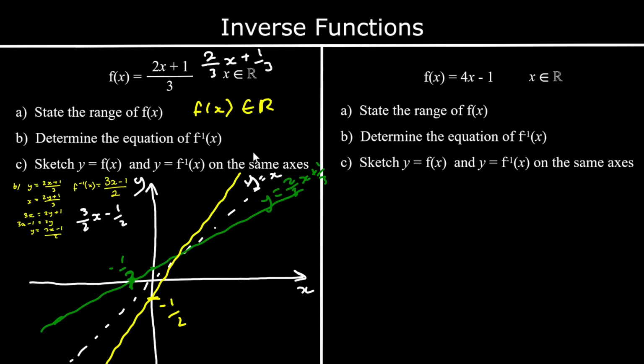And where we crossed at 1/3 on the y-axis for our original, our inverse should cross the x-axis at a third. The y becomes the x, the x becomes the y. And so they are our graphs. It's a reflection in the line y equals x. The inverse function is always a reflection in the line y equals x. The x becomes the y and the y becomes the x.